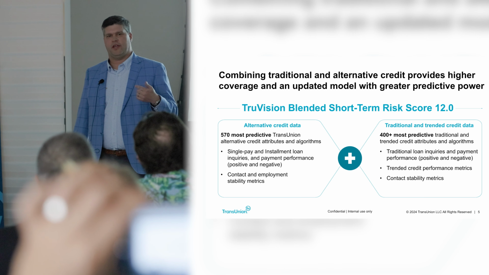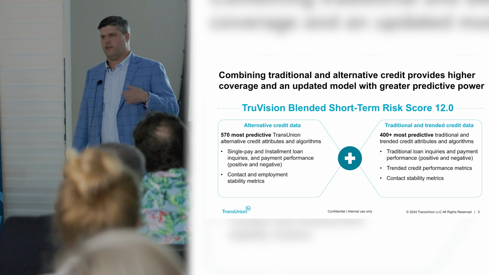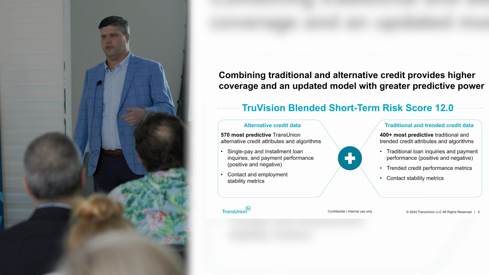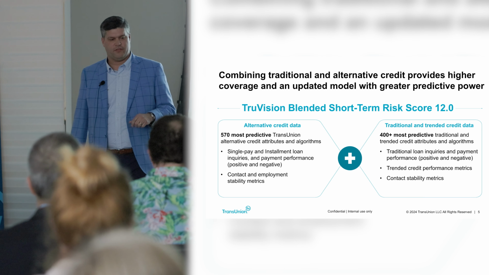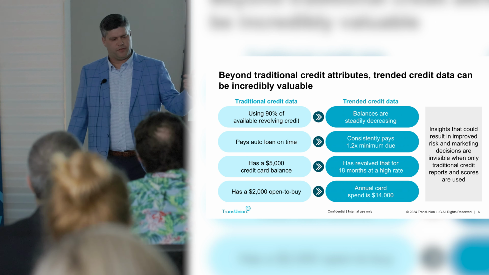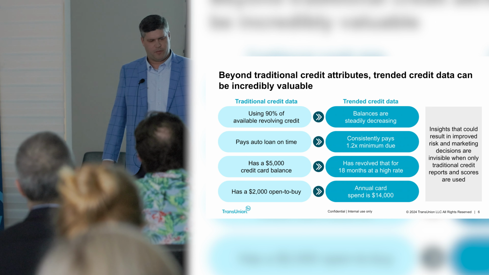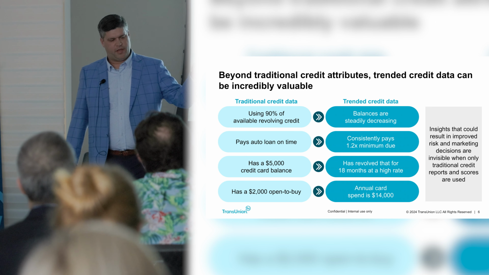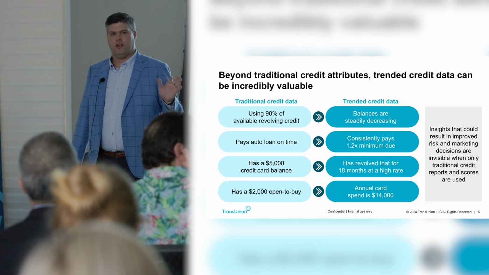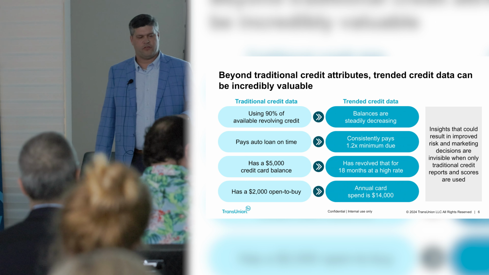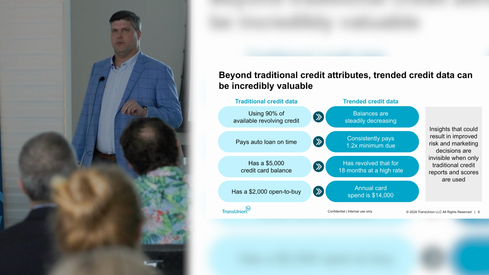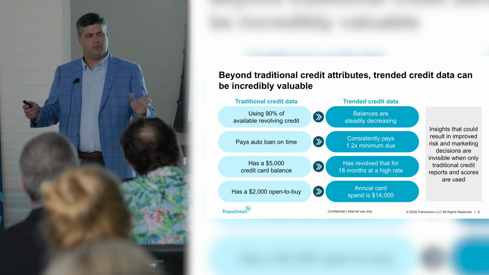But in this space, if they're making their payments and every month their aggregate excess payment continues to go down and they're managing their debt, that tells me that's a good consumer for this space, because they're managing their outstanding debt. This is a view of the traditional credit attributes. As I mentioned, 90% of revolving credit, they pay their auto loans on time, and they have $2,000 open to buy, meaning they have aggregate liquid access to cash. So from that standpoint, it's very relevant to look at the consumer in both footprints.